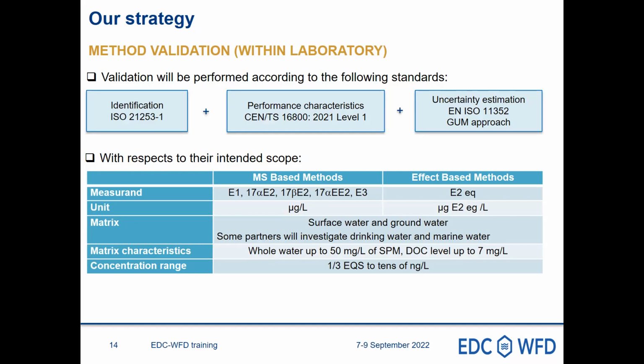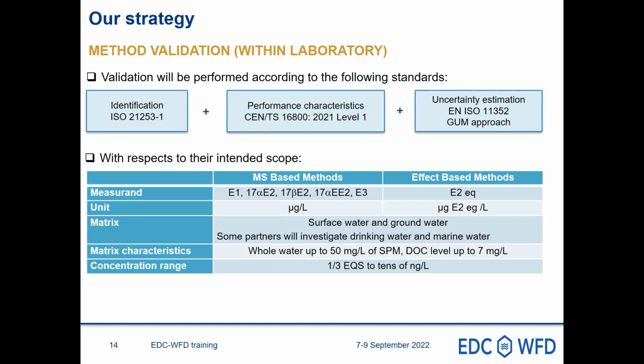And we have also estimated our uncertainty implementing two approaches: the one of ISO 11352 and the GUM approach. The GUM approach, I would say, is more dedicated to the NMI. And as we are NMI, we should implement it to demonstrate that the method we are developing could become a reference method.